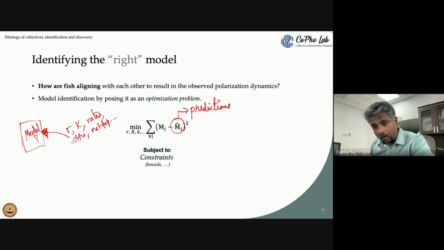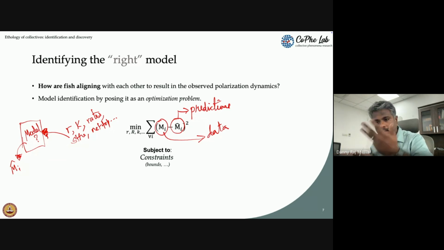Once you specify all of this, you are able to run a model, a forward simulation, and then you are able to predict or produce some behavior which is quantified by this Mi. This Mi cap, which is the prediction, should be close to the observed data. If I am only using polarization, then this Mi will be of polarization.